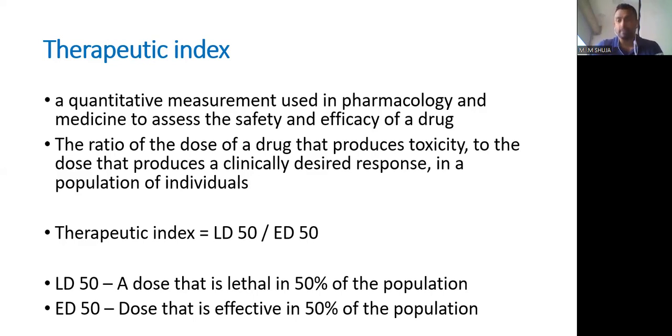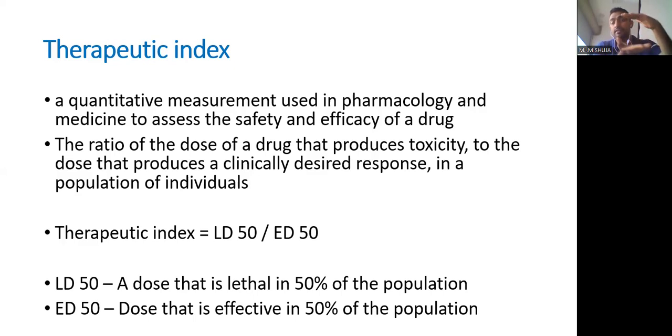That is the therapeutic index. So the increase of therapeutic index means what? The drug is safe. With a reduced therapeutic index, imagine effective dose is 5 and lethal dose is 6. Accidentally, or if patient compliance is poor, they can take more drug and easily go into the toxic effect.